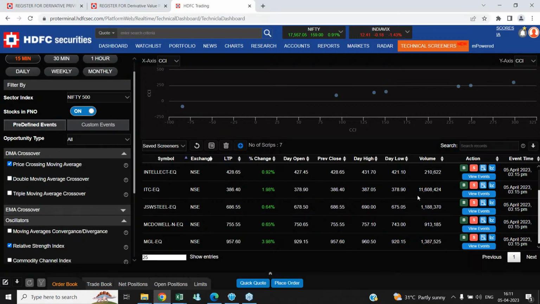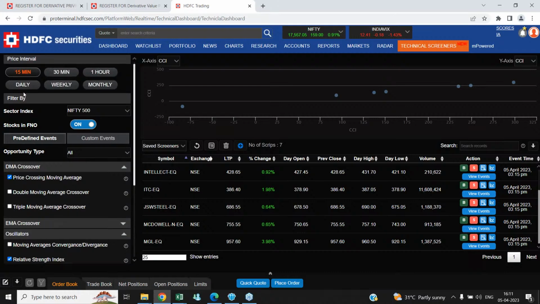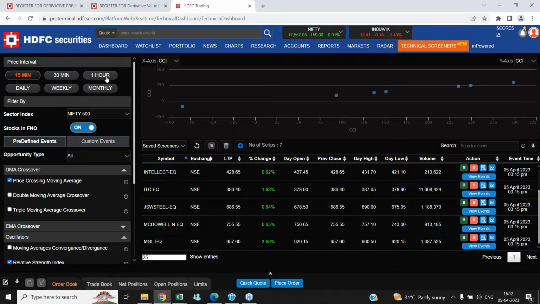If you want to catch intraday momentum, if you are an intraday trader, you can also go for 15 minutes, 30 minutes, or 1 hour candlesticks, and based upon that you will see the stocks getting shortlisted on the parameters you choose. It's very useful for traders who want insights about which stocks are in a bullish or bearish scenario, and based upon that you can take positions.